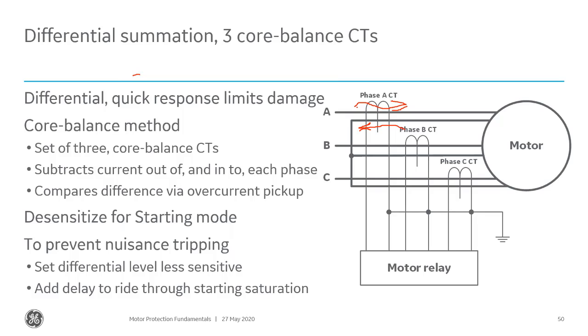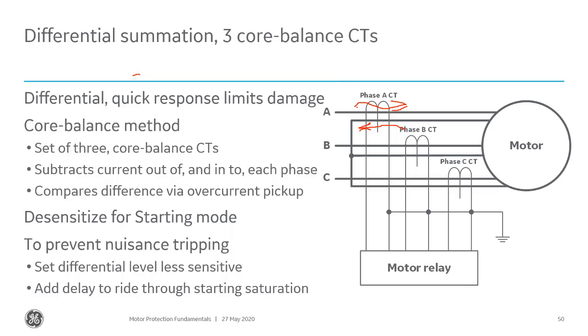And it works like the zero sequence CT in that the magnetic flux that's available to excite the core is the vector sum of those two currents. And those two should be zero.